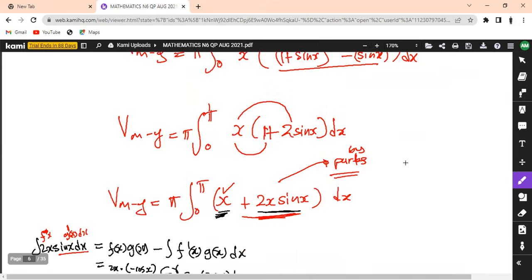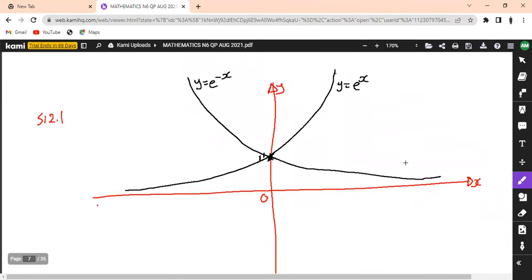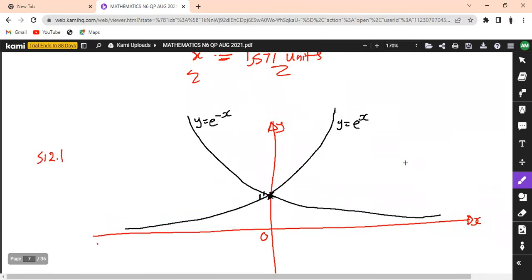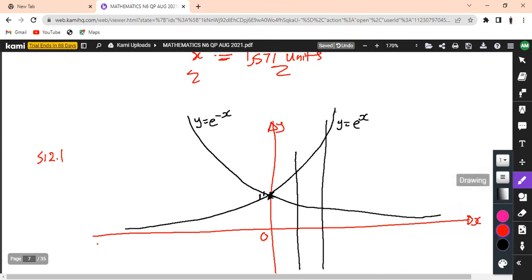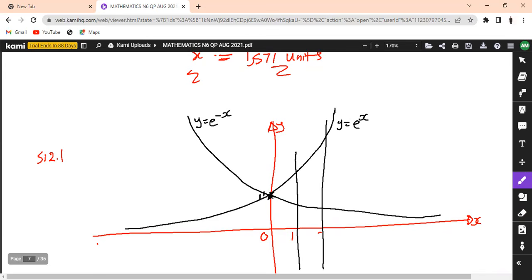So we are just going to make assumptions about where our lines are going to be. Maybe this is our x is equal to 1 here, and maybe this is our x is equal to 3 here. Which means the region that we are going to work with for our area is this region here, in between the graphs that we have got.